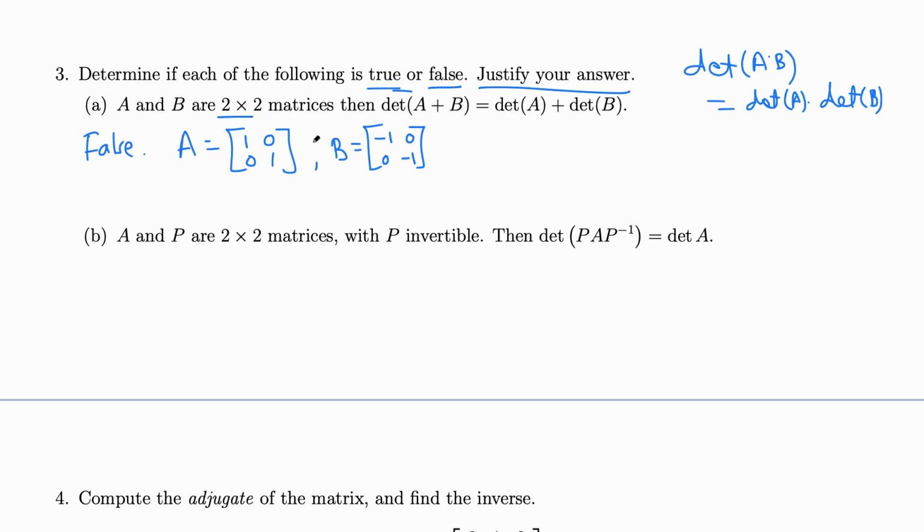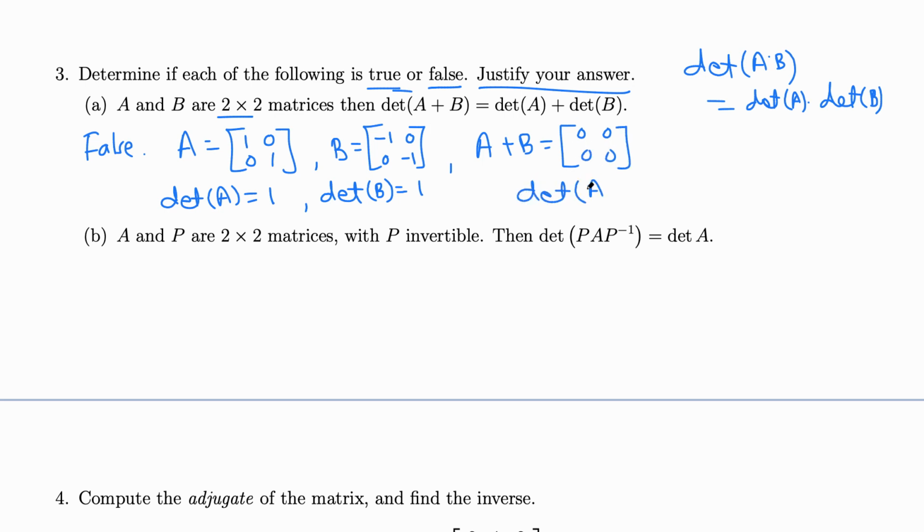So let's find the determinant of A. Determinant of A is 1 minus 0, 1. Determinant of B is negative 1 times negative 1, 1. But if we add A and B, 1 minus 1, 0, so this is a 0 matrix. Then the determinant of A plus B is just 0.